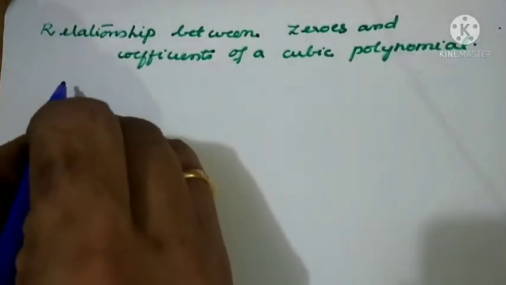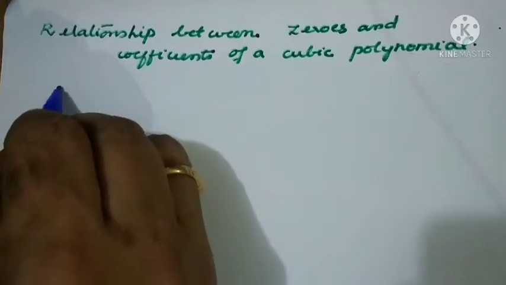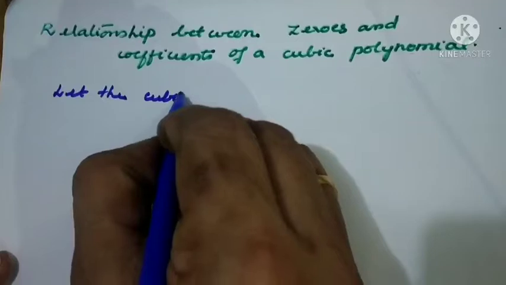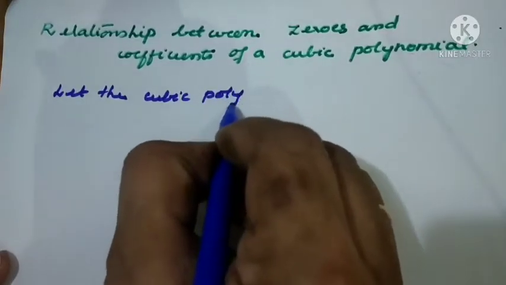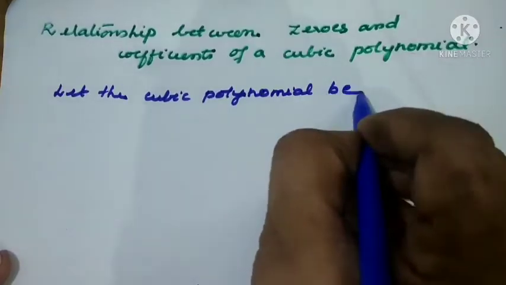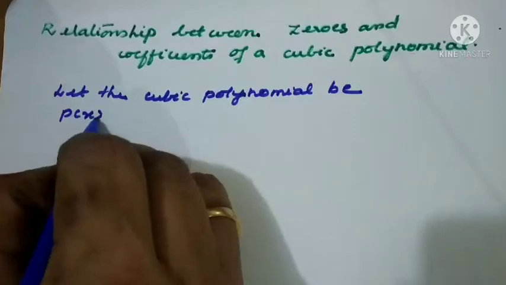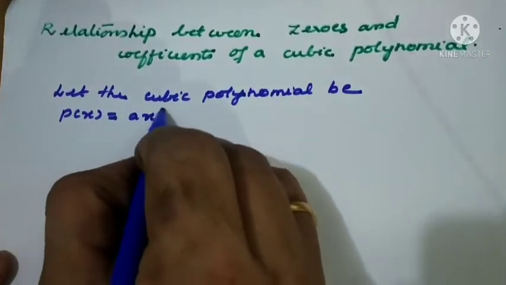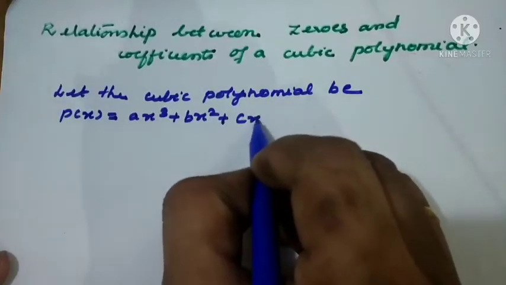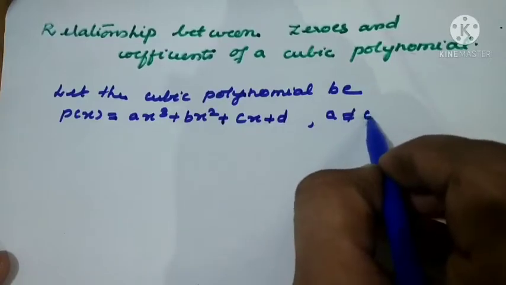So here, let the cubic polynomial be p of x equal to ax cube plus bx square plus cx plus d, and a not equal to 0.